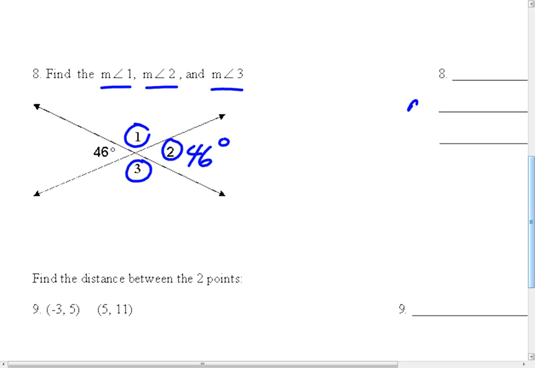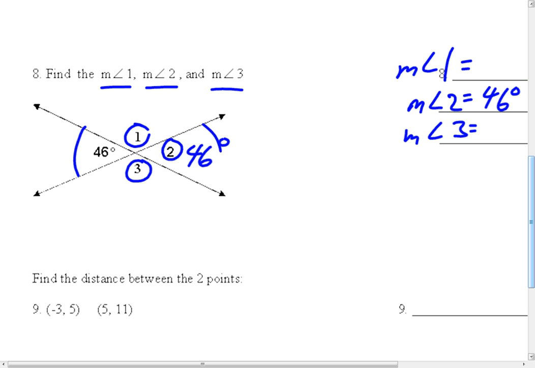And then over here, I'd write measure angle 2, measure angle 3, measure angle 1. 2 is 46. It's not asking for a justification, but what would be your justification? Oh, vertical. We have a vertical pair from this side to this side.